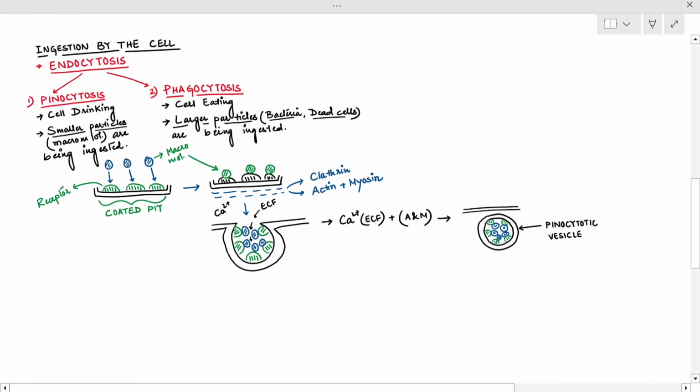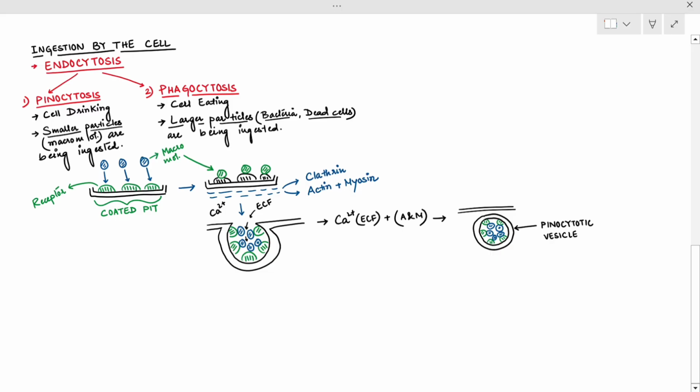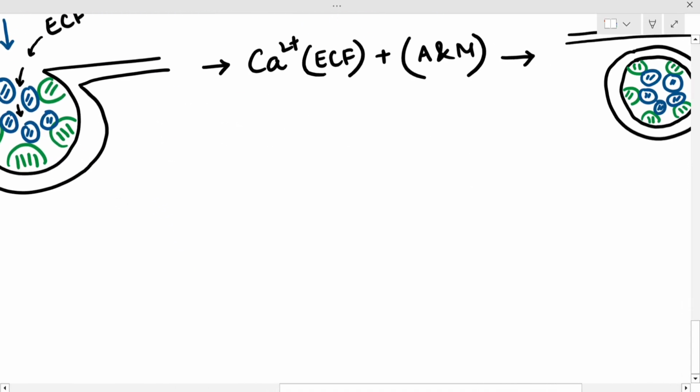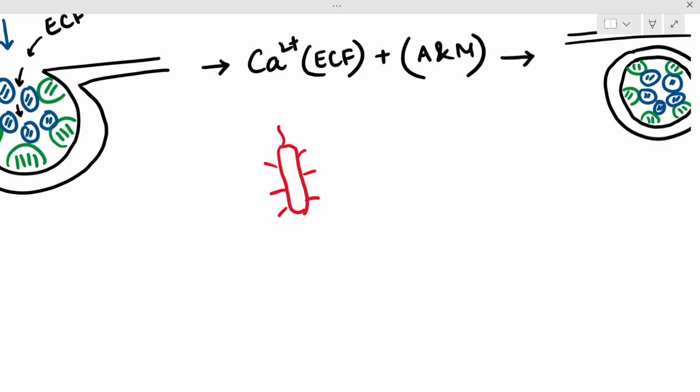Now, what happens? Phagocytosis is almost pretty much the same. Okay. But in this case, larger particles are being ingested, like bacteria, dead cells, etc. But in the case of bacteria, in the process of phagocytosis, what happens? Suppose this is a bacterium. Okay. So on the bacterium, there are some attached antibodies. Okay.